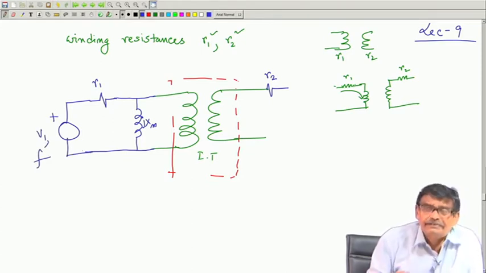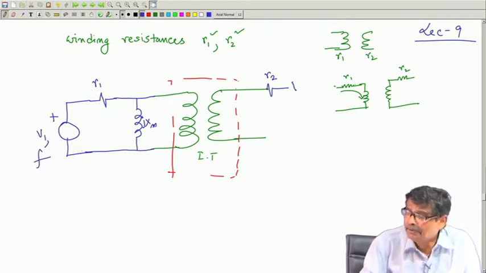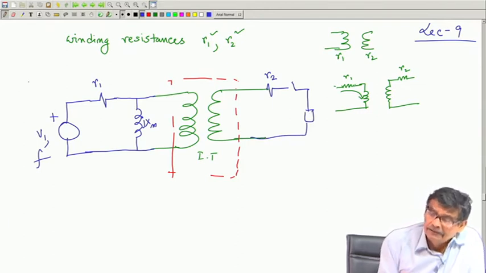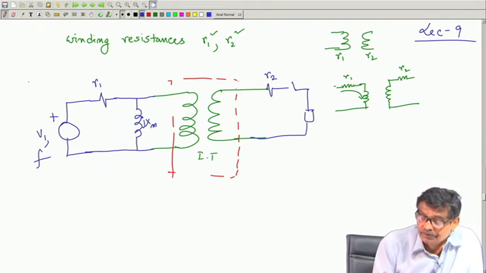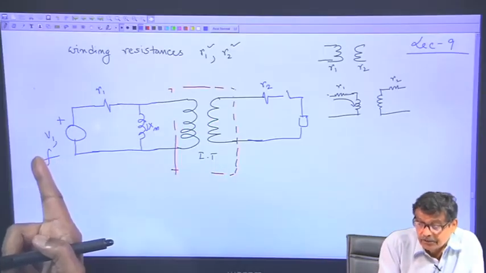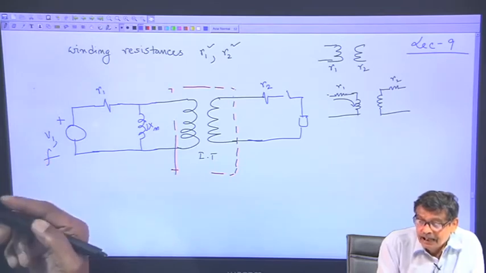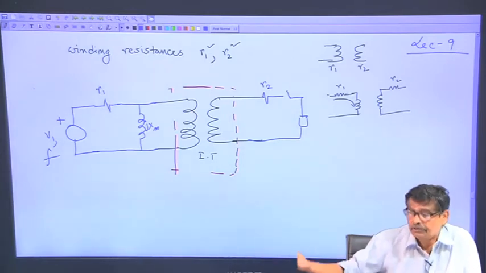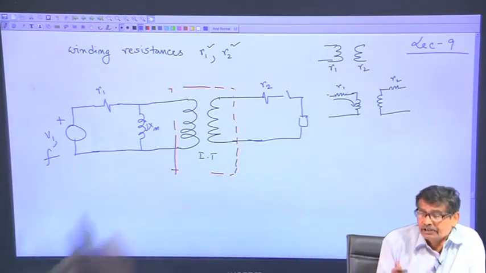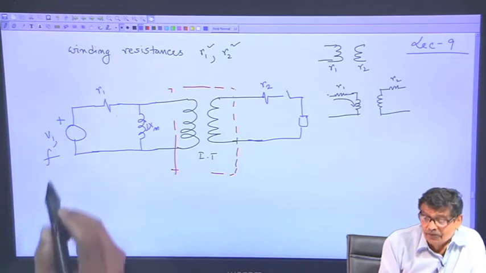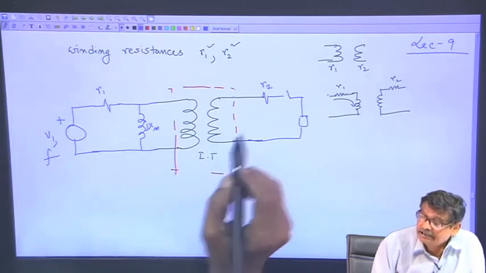So whatever current it supplies, which is decided by maybe the load connected here, ultimately some current is drawn, and when that current flows through the winding, there will be a voltage drop R 1, and that voltage drop must be subtracted from your supply voltage, and the remaining voltage is responsible for creating flux and giving you the transformer action. So that is why R 1 should not be shown here, it must be after this. Therefore, this is V 1, this is the ideal transformer, this is R 2.